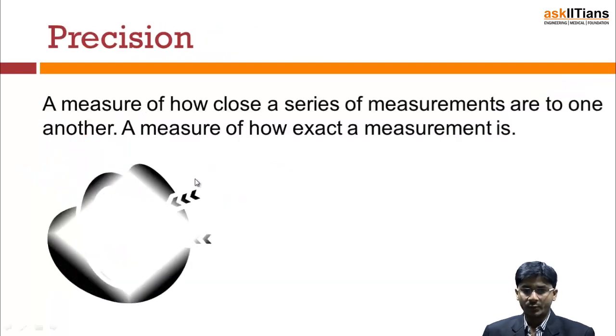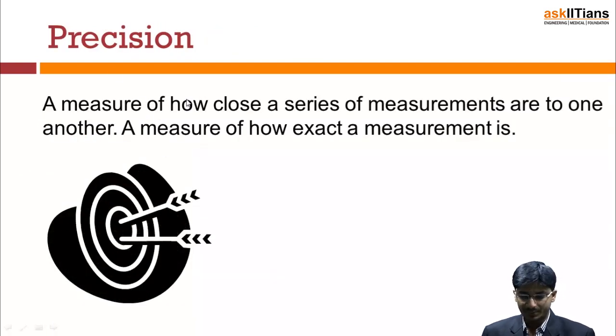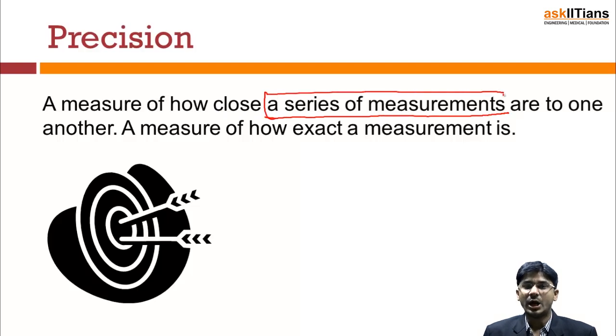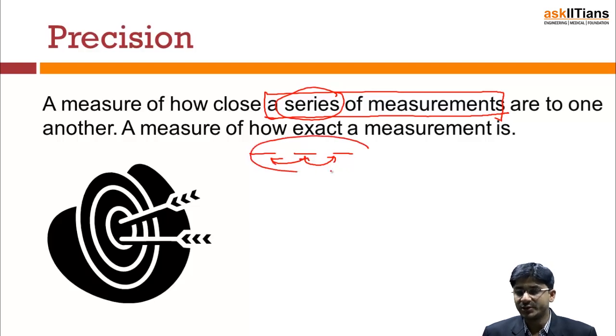Now, what is precision? Precision means a measurement of how close a series of measurements are. This is important here. How close are the series of measurements? Like you are measuring the values again and again and again. The values that you are getting there, how close are these values? They have got nothing to do with the true value.